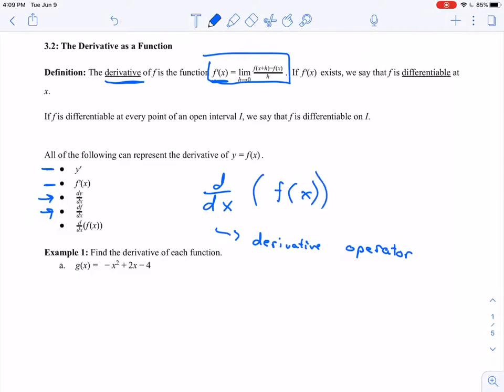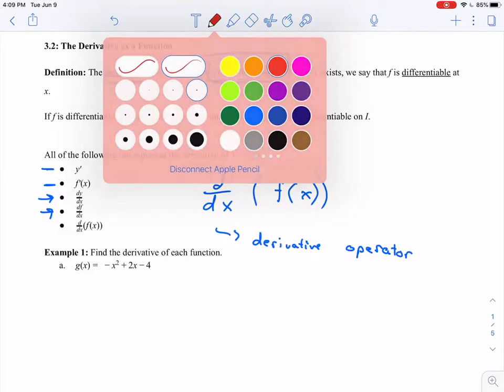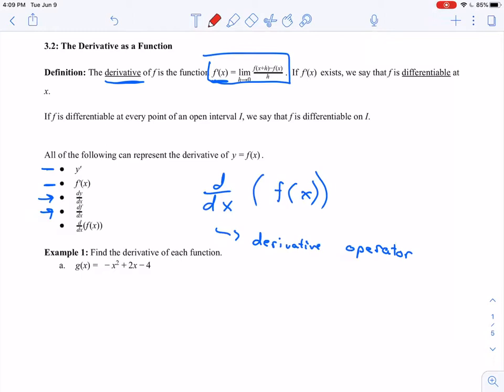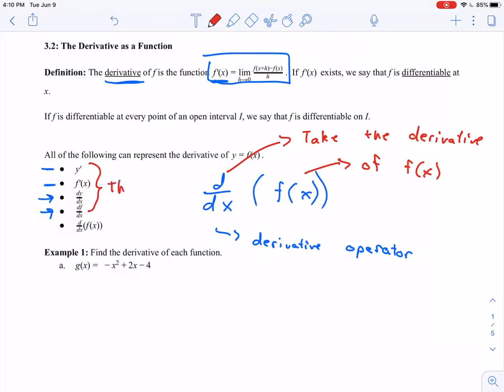So when I see something that looks like this, if I see d over dx of f of x, this is a statement. This says, hey, take the derivative of this function, of f of x. So it's telling you, hey, take the derivative of these functions. Whereas the first four right here, when we say y prime or f prime of x or dy dx or df dx, these all just represent the derivative.